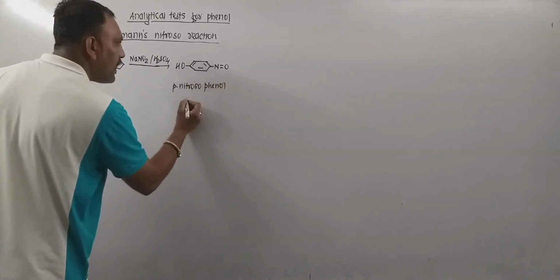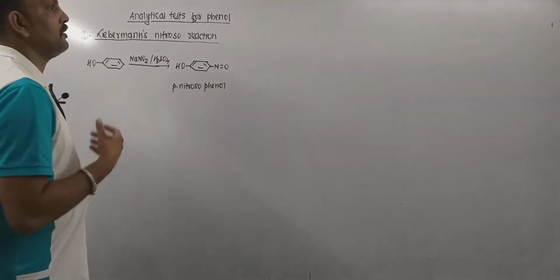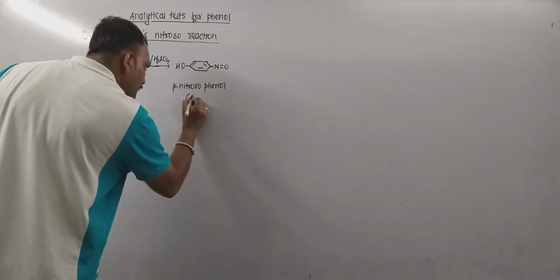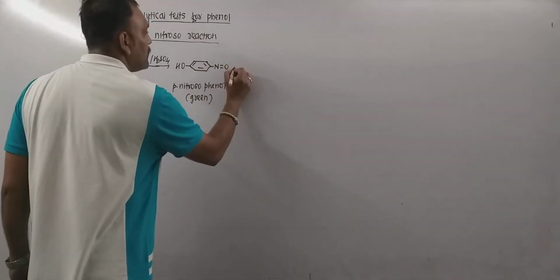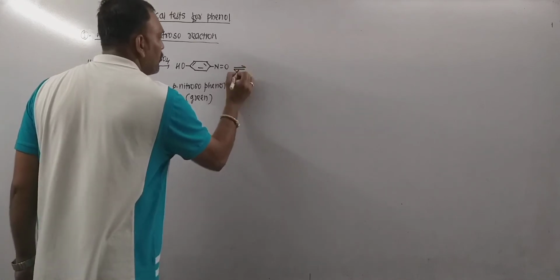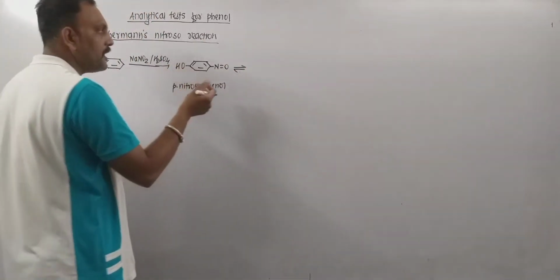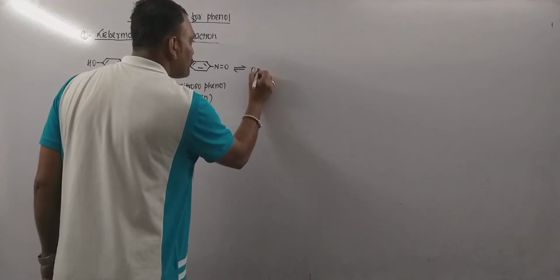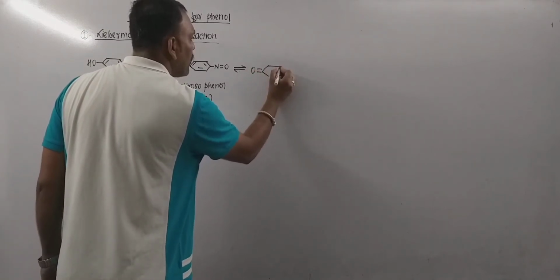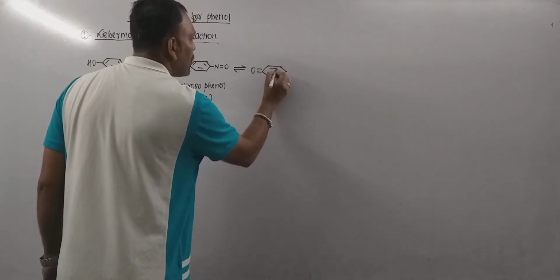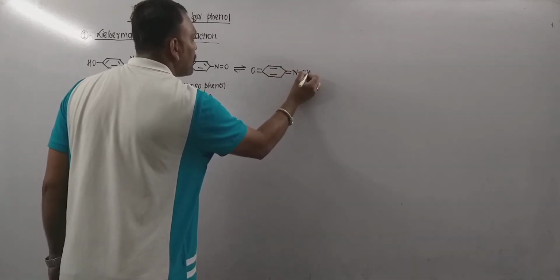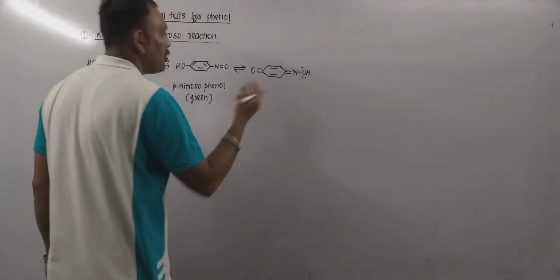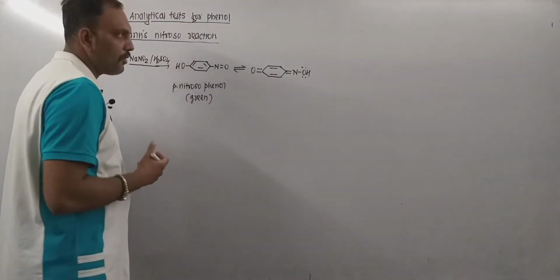And remember, the para-nitrosophenol so obtained is green in color. So this is greenish. Now this para-nitrosophenol gets rearranged to its more stable form, which we call the oxime form. And remember, the oxime form of it can be given as this, so it is also greenish in color, no doubt.